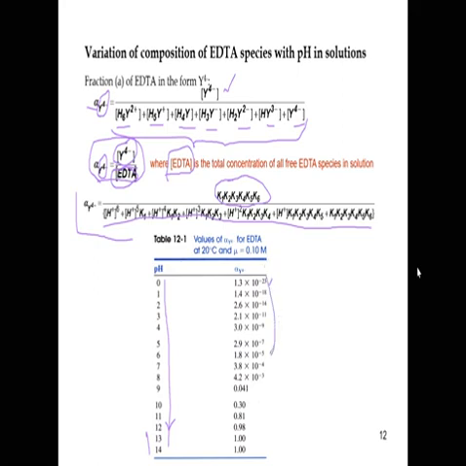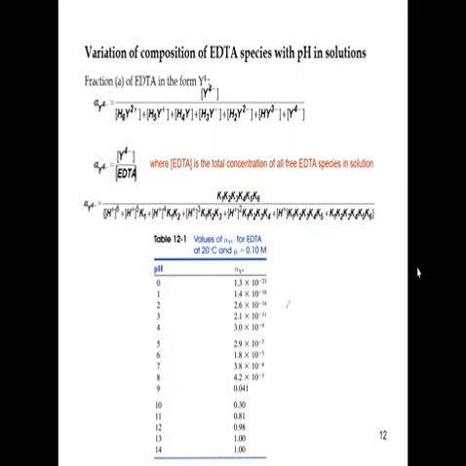It begins to increase, and somewhere here you can see some real increment. When it comes to this, 0.3, 0.81, 0.98, and it becomes 1. Look at pH 13, it becomes 1.